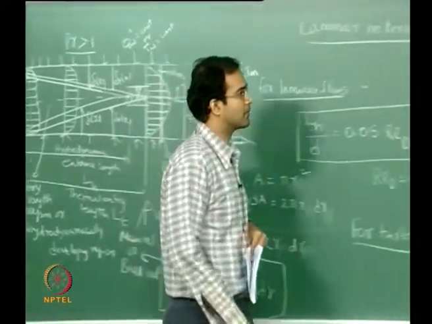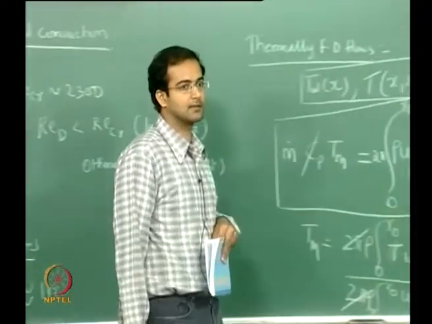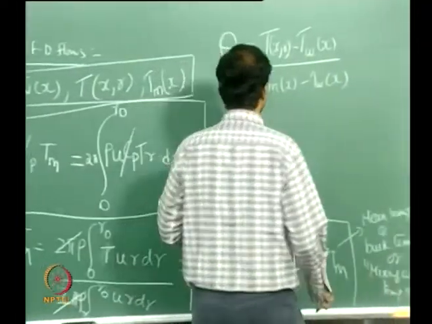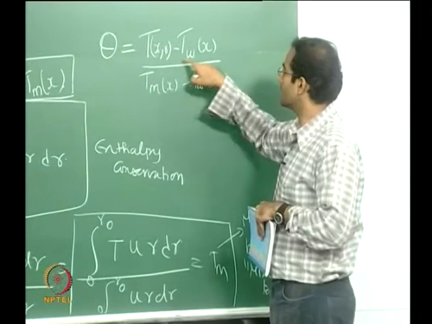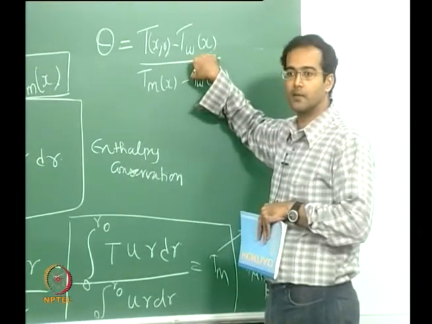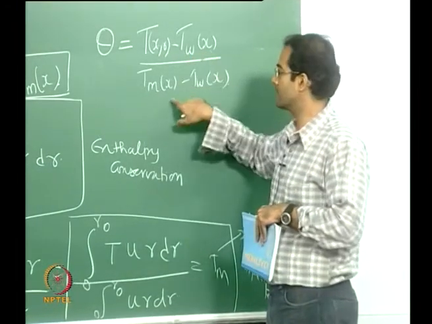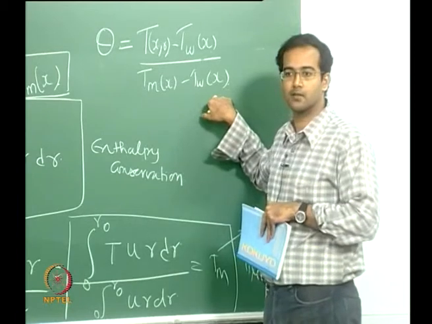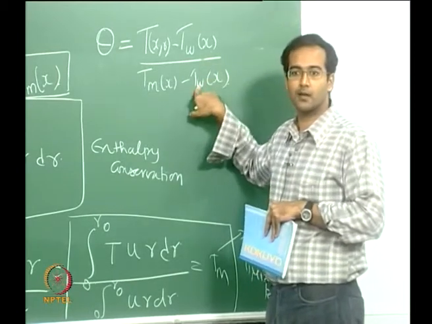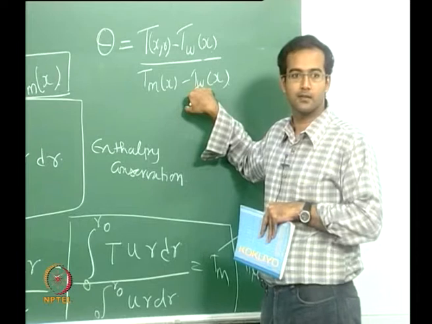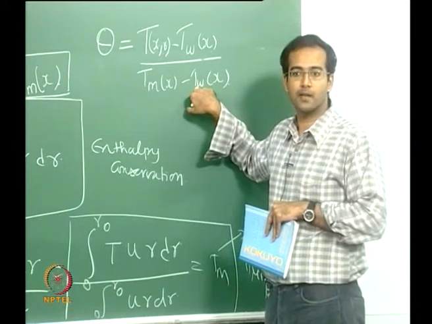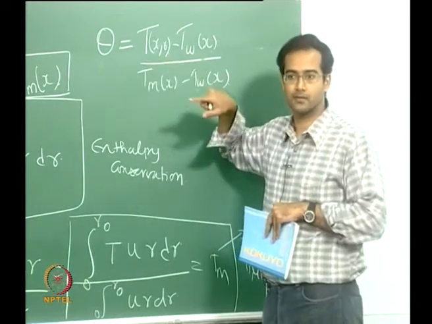Okay. So once you define a non-dimensional temperature profile like this, now we can look at a region where this non-dimensional temperature profile is invariant of x, because in that region your T minus T wall will be a particular function of x, Tm minus T wall will be a particular function of x, such that the numerator and denominator vary in the same way. So therefore there will not be any variation of theta with respect to x.